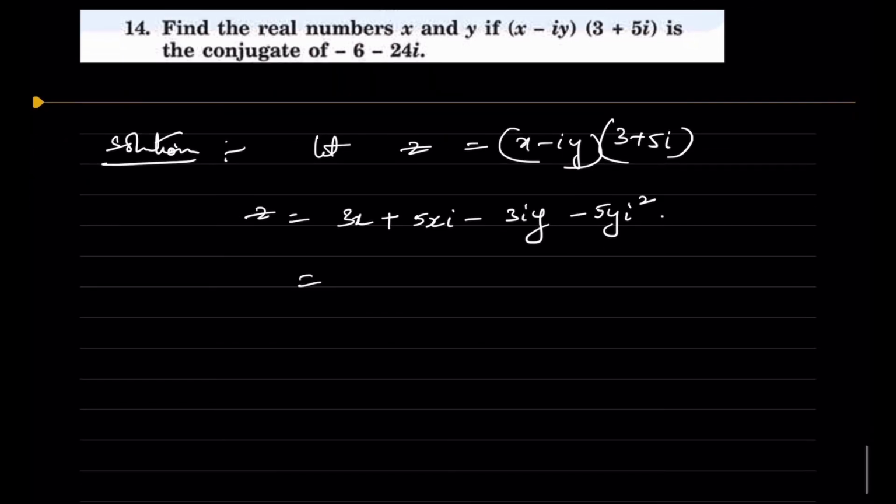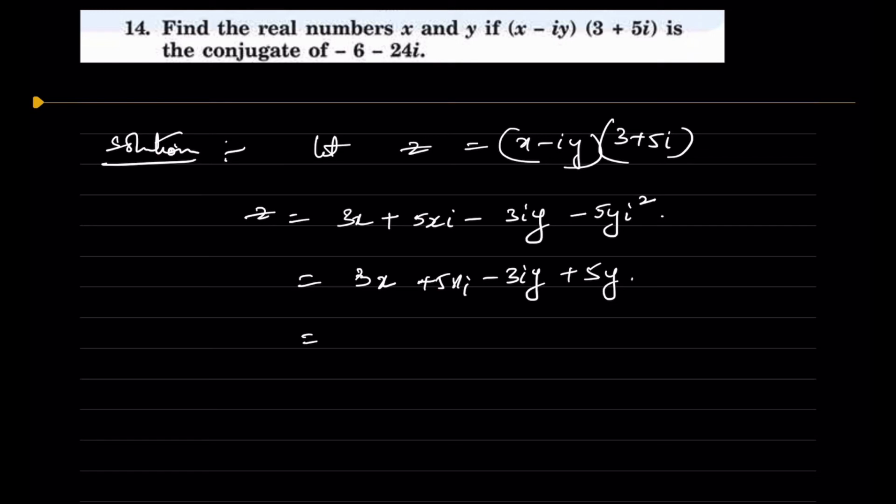Since i square is equal to minus 1, minus into minus will give you plus, so you will get 5y.